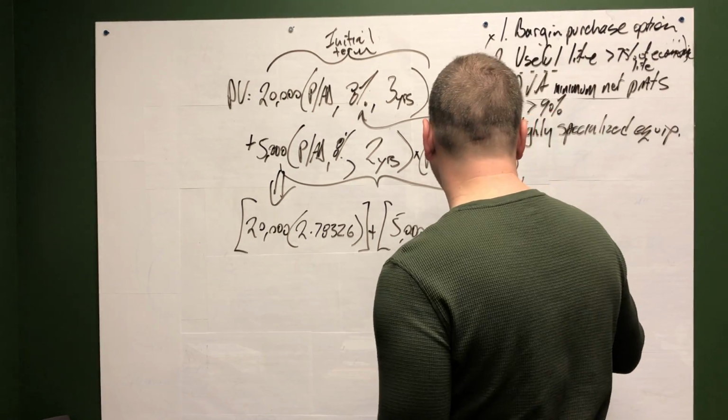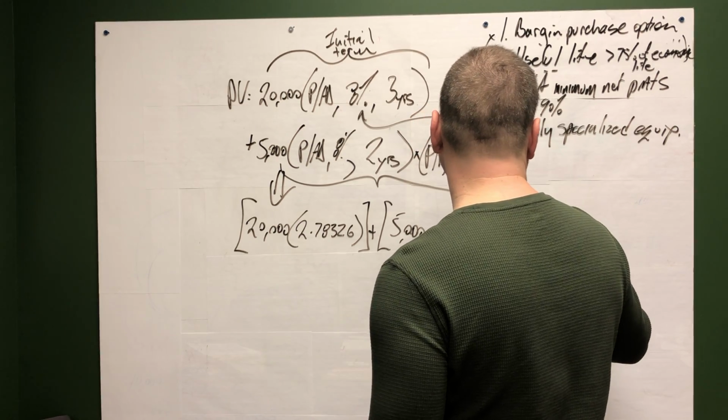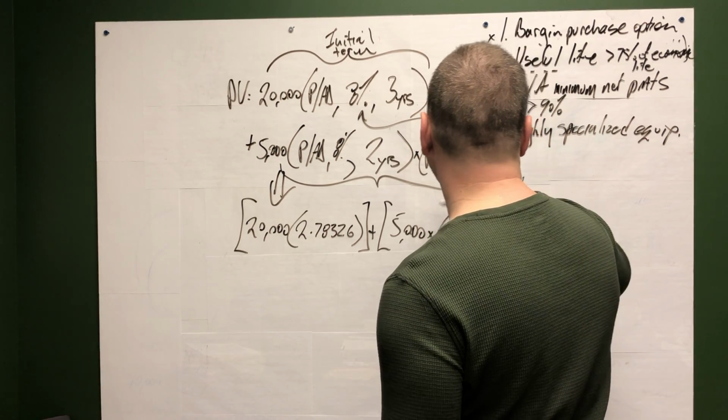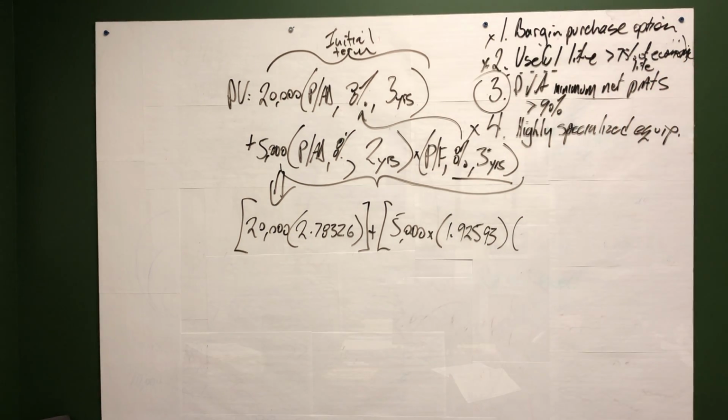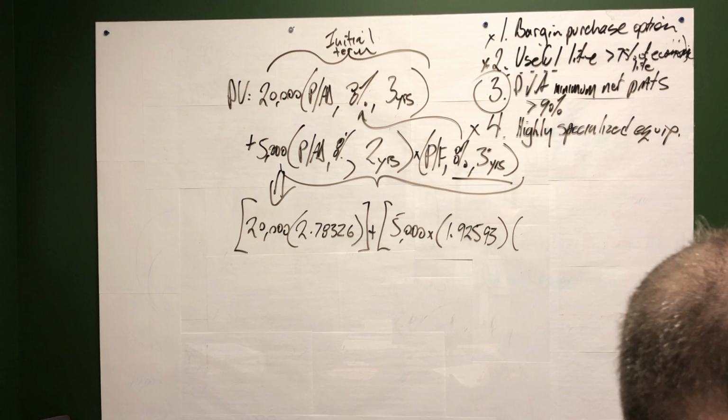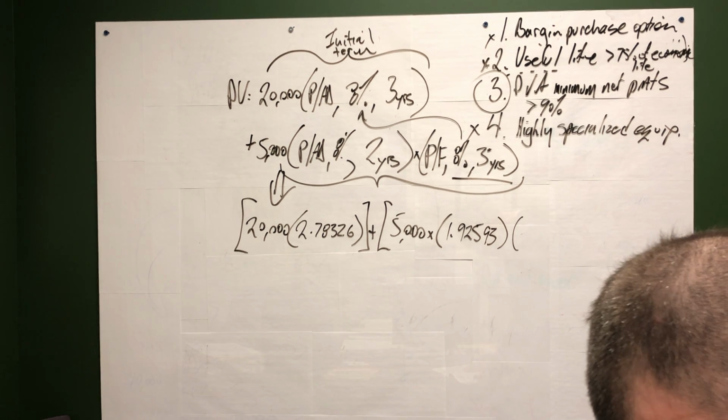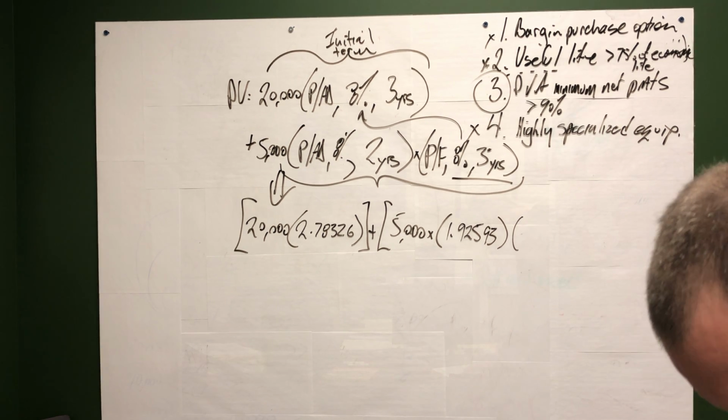Now we also have to get the multiplier to take that $5,000 back to the present value. So we'll go to the very first page of the table, which is on page 1675.